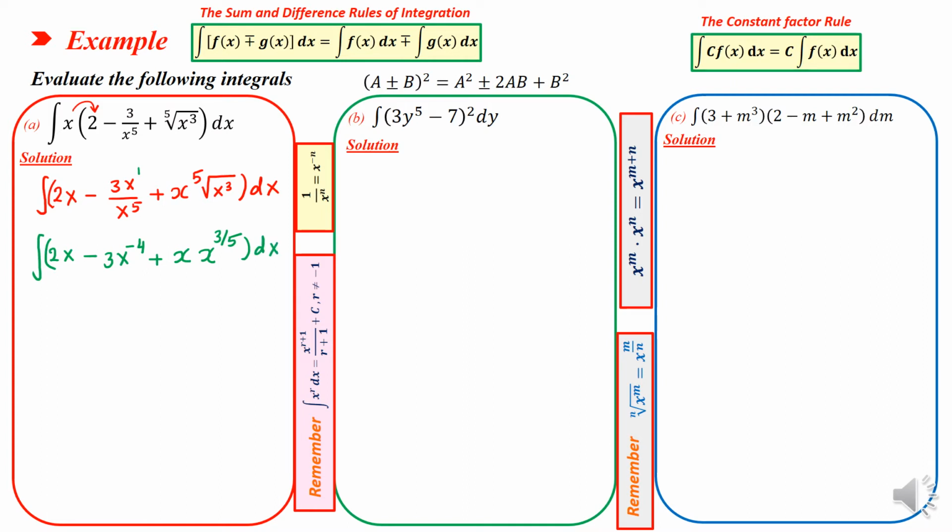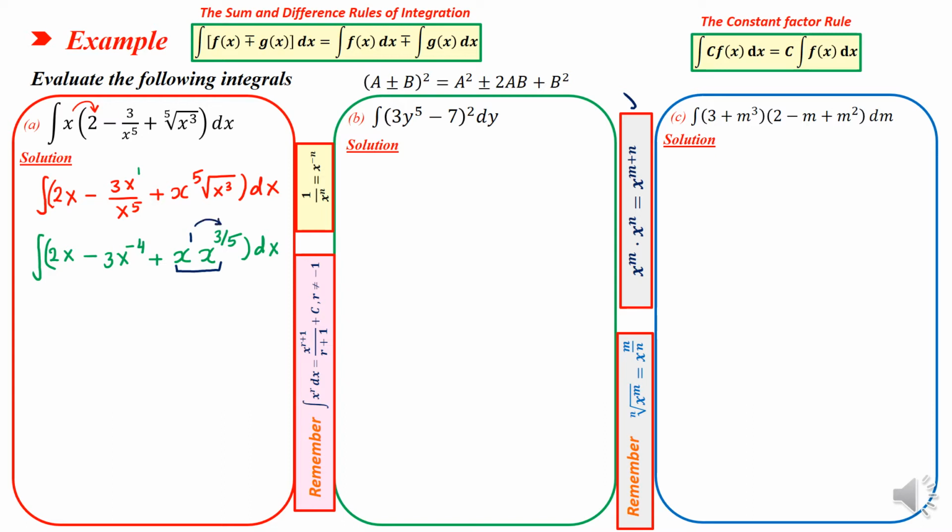Now what's next? Also you have to modify more, and since here we have x multiplied by x to the power 3 over 5, we can write it as x to the first power, and when we multiply you have to add the exponents, so you will get 1 plus 3 over 5.